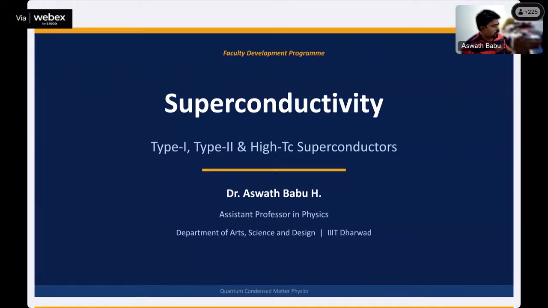Yeah. In the superconductivity, there are two types of materials. Under that concept, I will discuss type 1 and type 2 superconducting materials. And the most important thing is the critical temperature, which is very important for superconductivity to have.